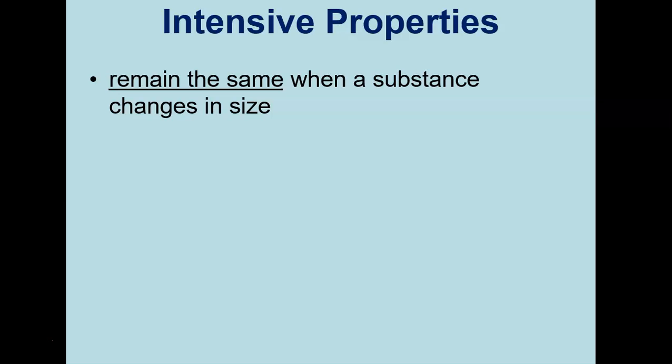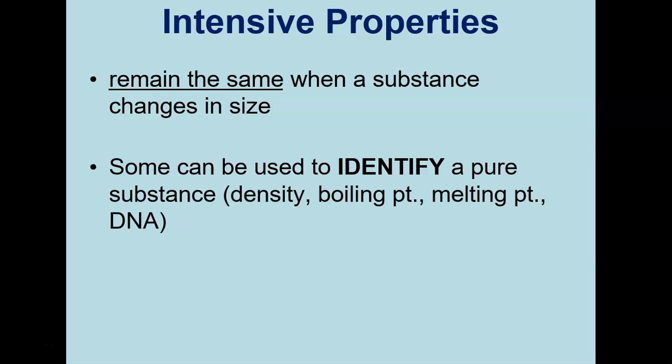This property remains the same when a substance changes in size. So it doesn't matter the mass of it for the property. The property stays the same. Another term you can use is intrinsic.